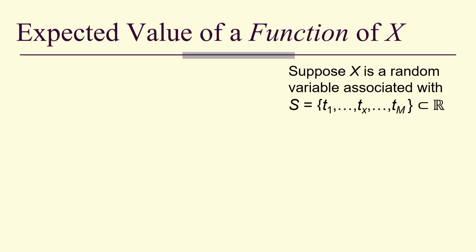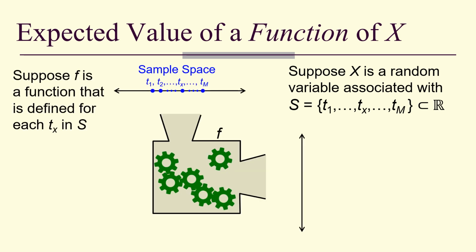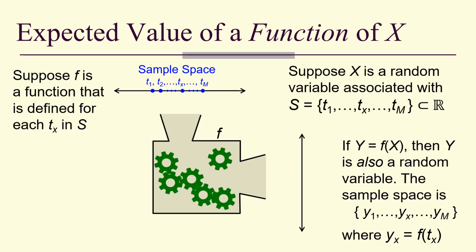So suppose x is a random variable associated with some sample space S, in this case just on the real line. Suppose f is a function that's defined for each t sub x in S. So therefore we can say a new variable y is a function of x with a new sample space y1 to y sub m, where y sub x is f of t sub x.